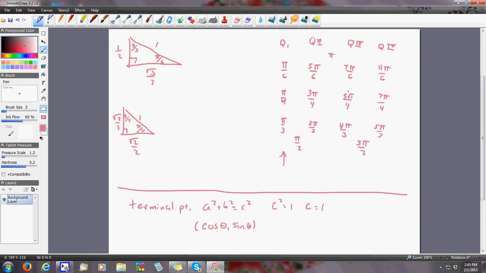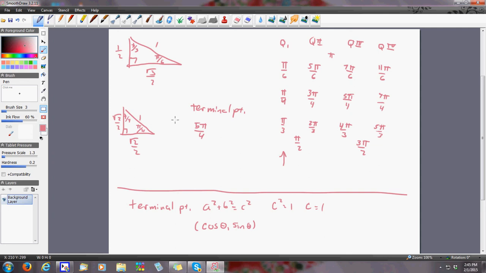If you're looking at 5 pi over 4, you're in the third quadrant, but you're going to use the reference angle of pi over 4. So if I had to find the terminal point for, let's say, 5 pi over 4, that means the cosine of 5 pi over 4.